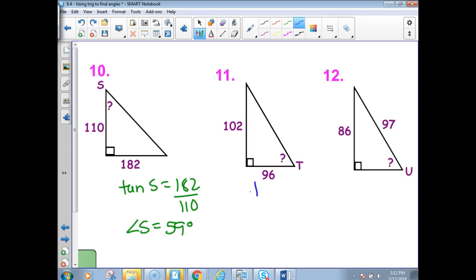All right, and you should have tangent for 11 as well. What did you get for that one, Donovan? 47.